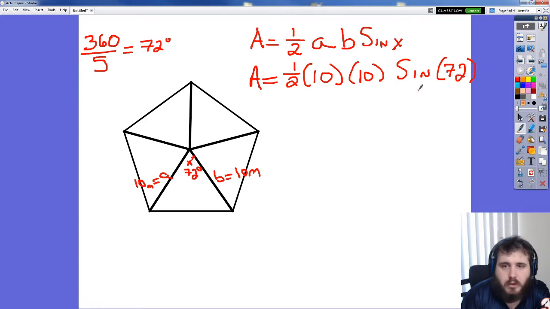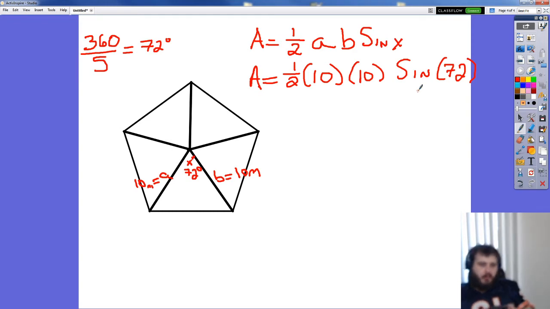And get an answer. This is not something that you're going to be able to just do in your head. If it were me, I would just plug it into the calculator. 1/2 times 10 times 10 times the sine of 72 degrees.